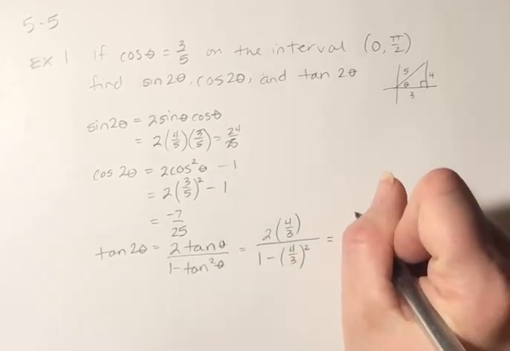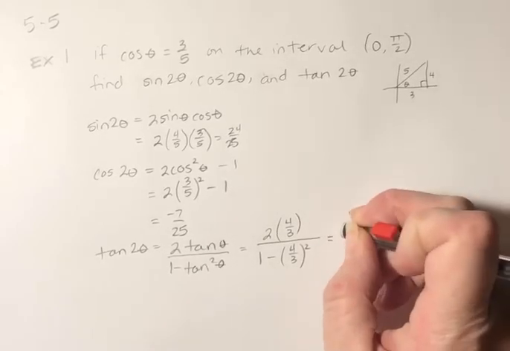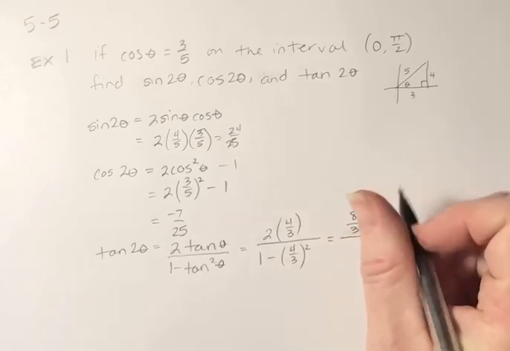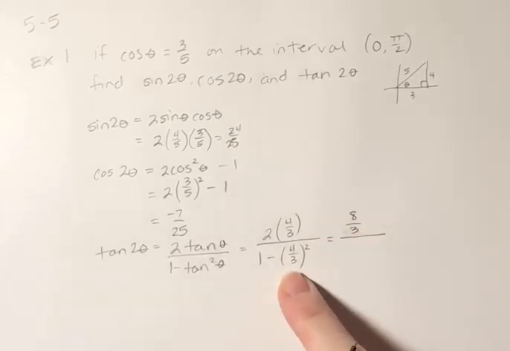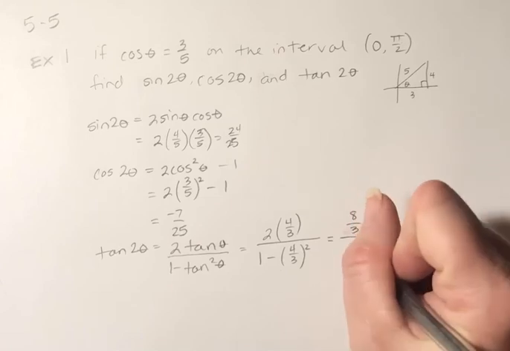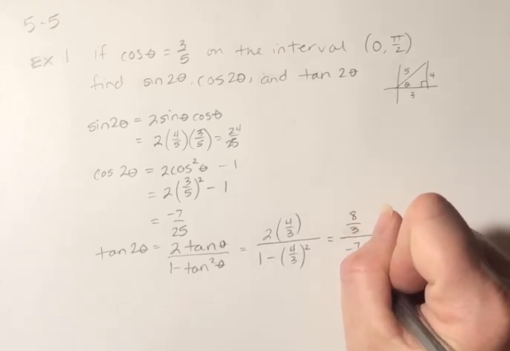So on top I have 8/3. And on the bottom I have 1 minus 16/9, which is going to give me a negative 7/9.